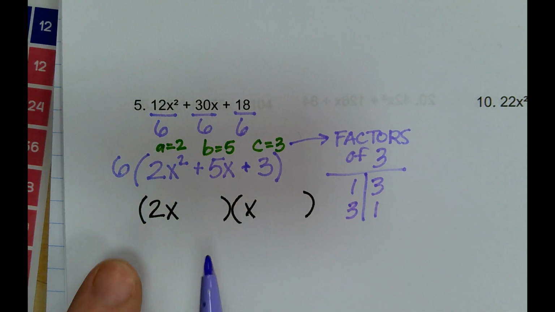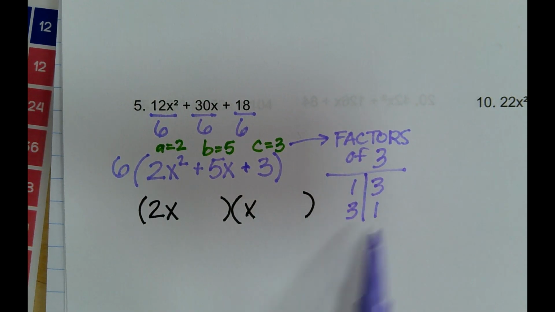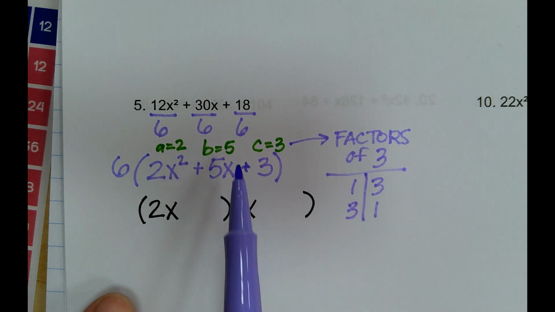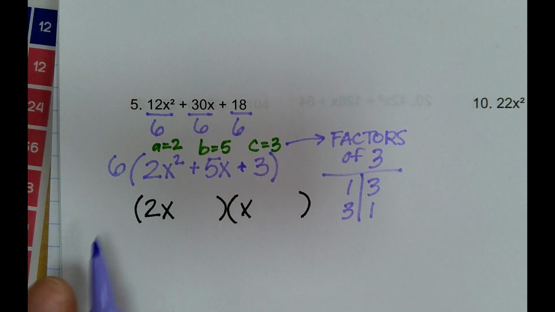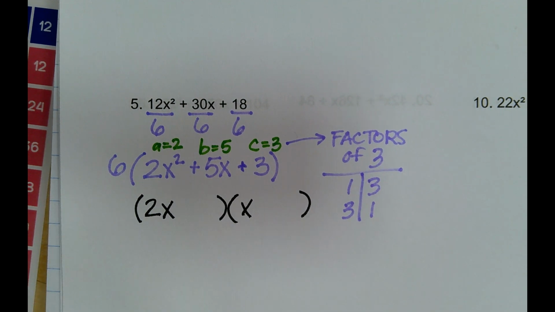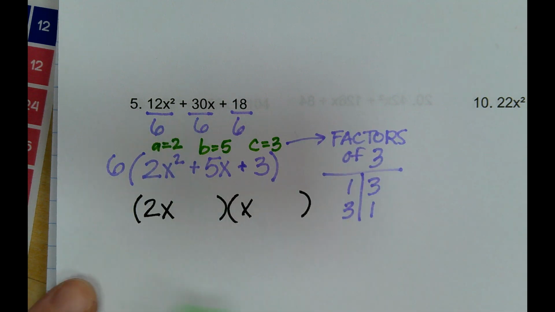Now, whenever we have an A that is not 1, these are not going to add up to 5. They're not going to add up to B. Because there's a 2 in here that's going to affect the overall answer. And we're going to get so much more in depth about this later on, I promise, guys. If your brain is messing with you right now, it's okay. We're going to go through this process so many times it will make sense.